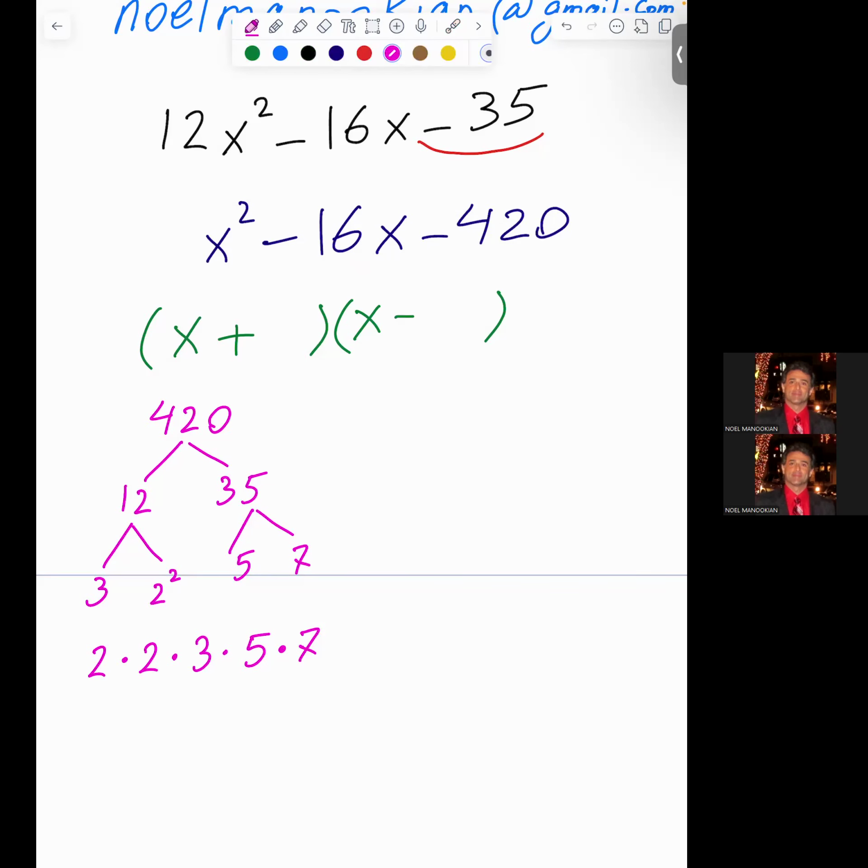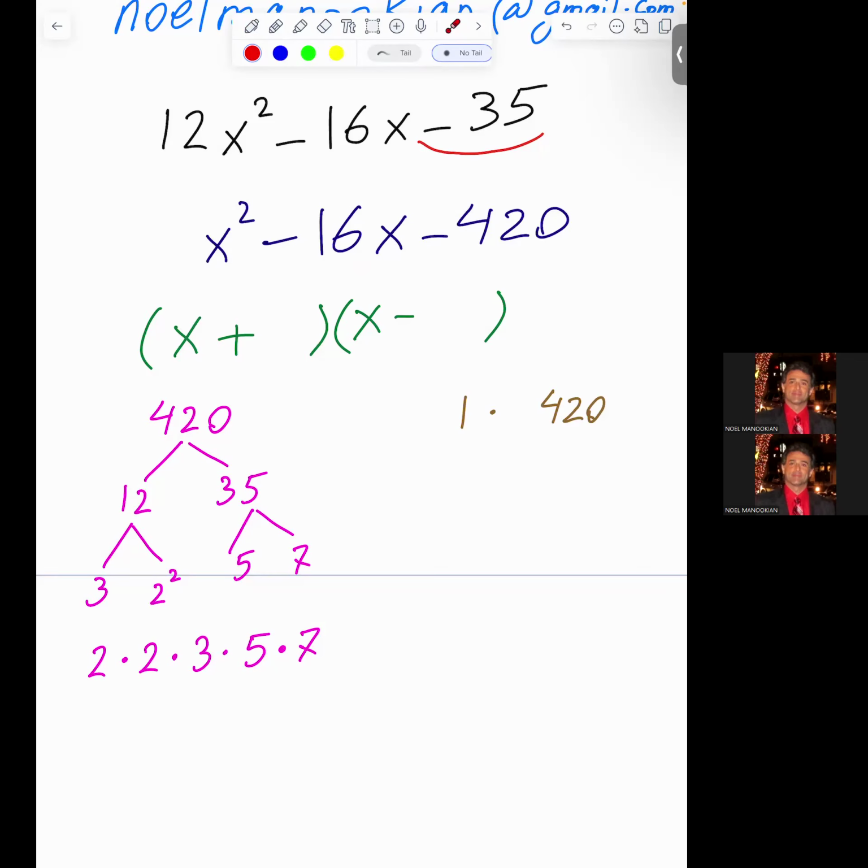I'm going to start from the simplest one, which is 1 and 420. However, since I need negative 420, one must be positive, the other one negative. When you add them, you're going to get negative 16.